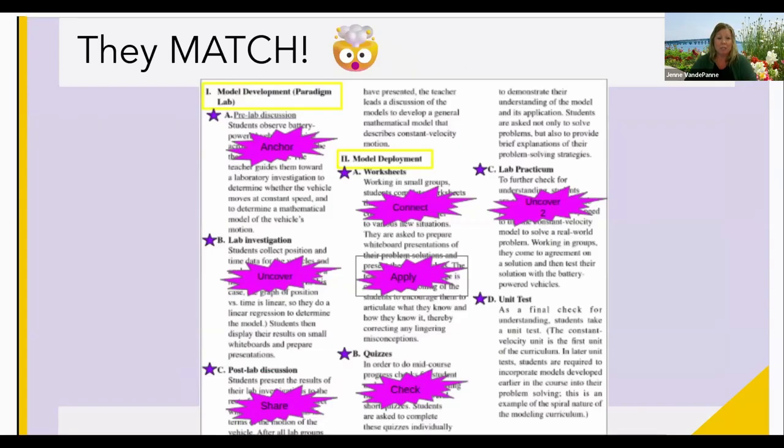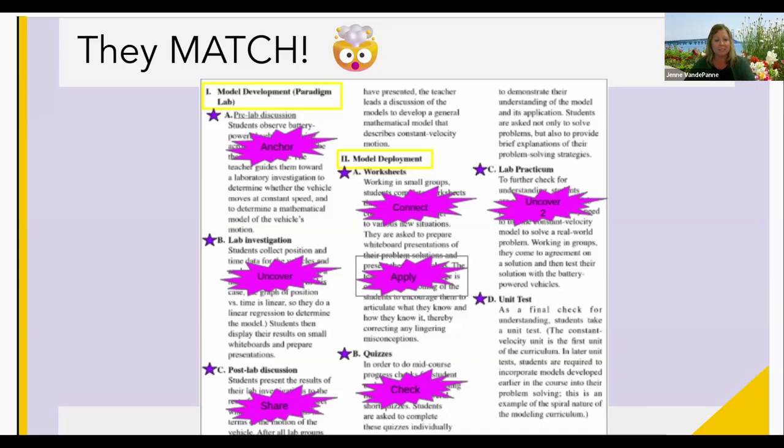They match. What you see here outlined in yellow is the modeling instruction lesson overview. There's a pre-lab discussion and a lab investigation with that paradigm lab we're talking about. The whiteboard meeting like we just had is the post-lab discussion.